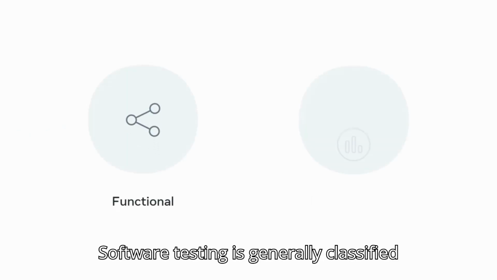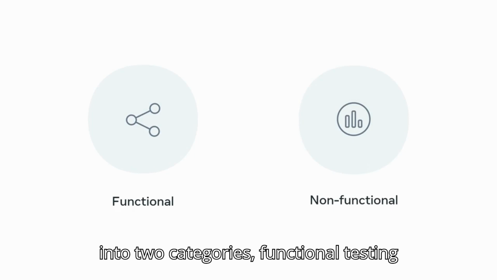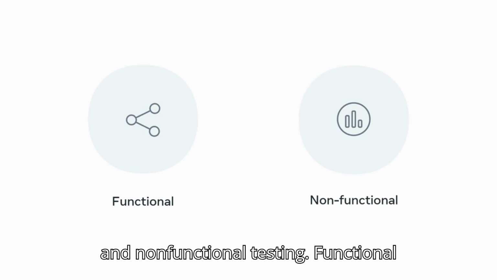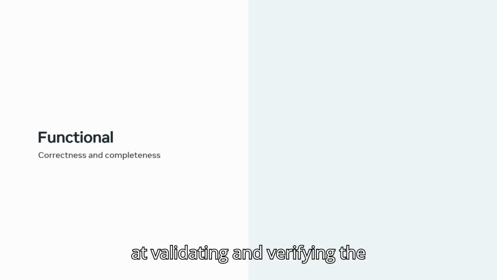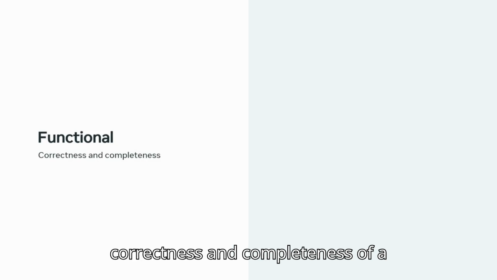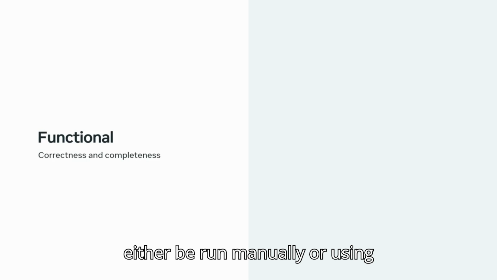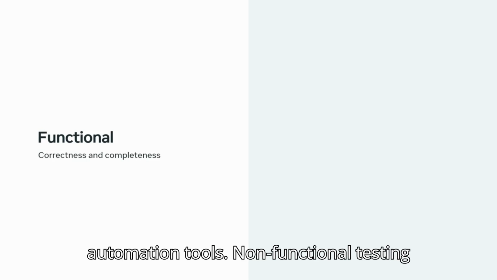Software testing is generally classified into two categories: functional testing and non-functional testing. Functional testing deals with testing the functional aspects of a software application. It aims at validating and verifying the correctness and completeness of a software application. These tests can either be run manually or using automation tools.